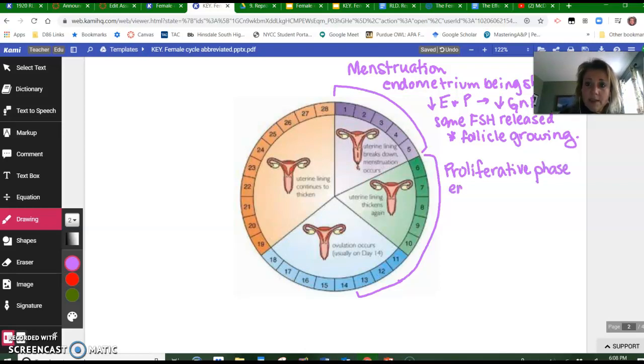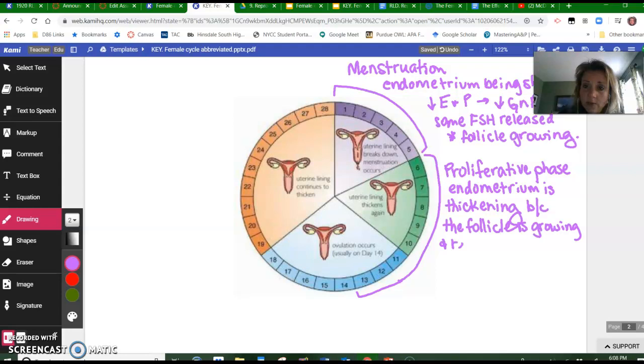What this means is that the endometrium is thickening, and this is because the follicle, again in the ovarian cycle, is growing and releasing more and more estrogen.